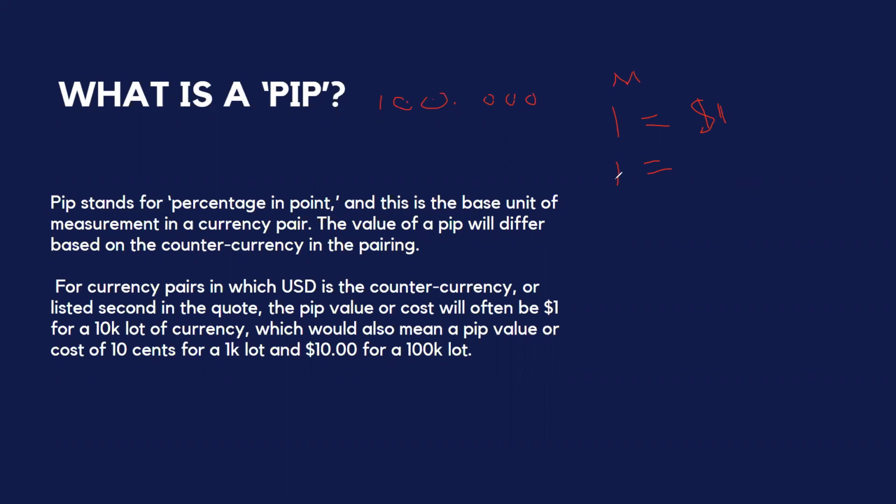One mini lot size in units is equal to 10,000 units of currency. All right, we have removed a 0 because a standard lot size is a 1 before the point, and then a mini lot size is 0 the moment you cross after the point.